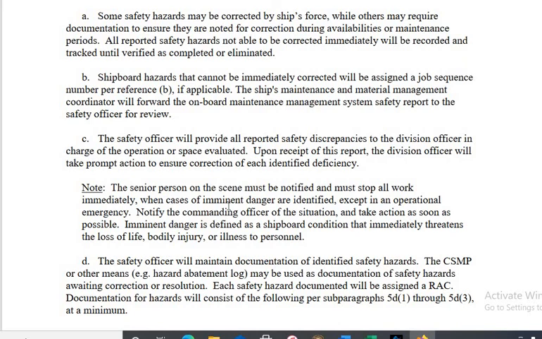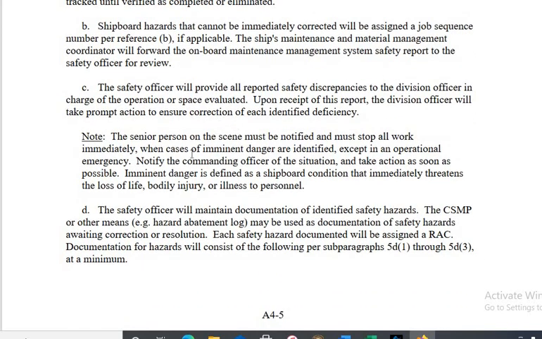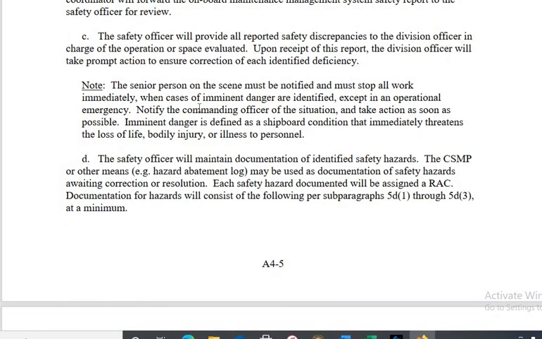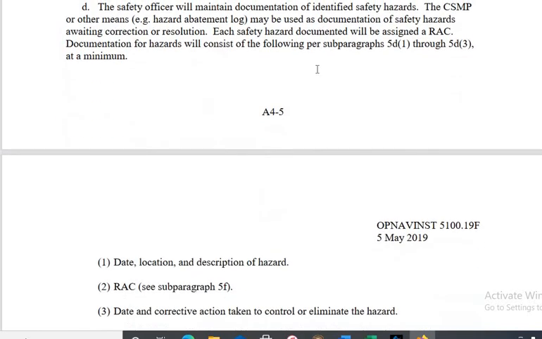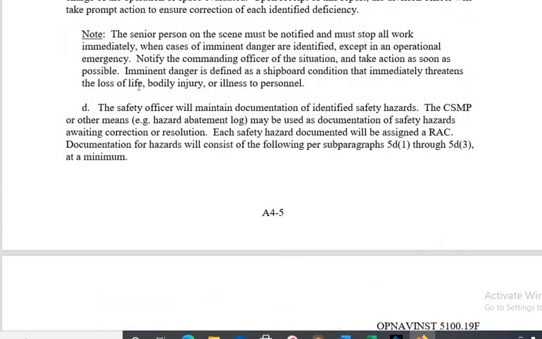So if we got bombs coming at us, maybe the machinery we're working on is higher priority because of our operational tempo. But the CO needs to be notified immediately. Imminent danger is known as loss of life, bodily injury, or illness to personnel. So kind of like the pandemic.